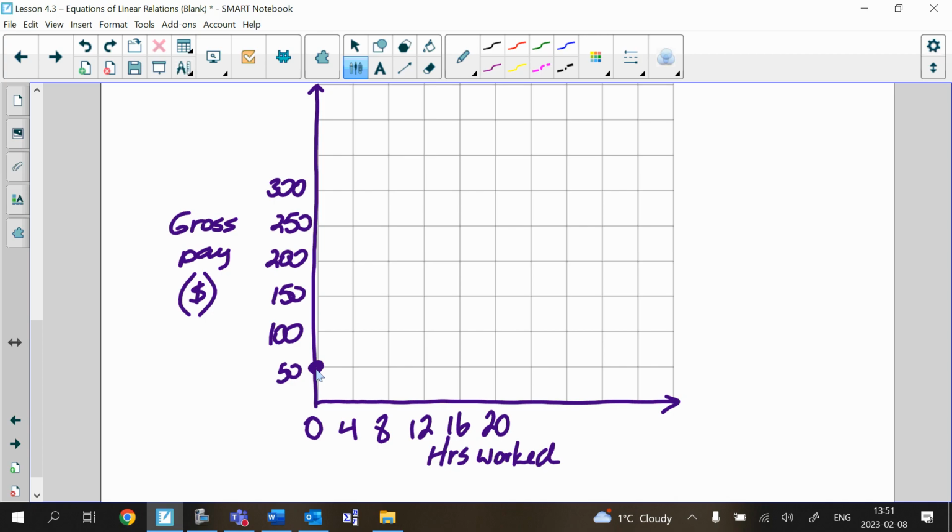And 16 hours is 290. So we had to estimate the points a little bit, but because we're talking about linear relationships right now, every time you do one of these, they should form a line.